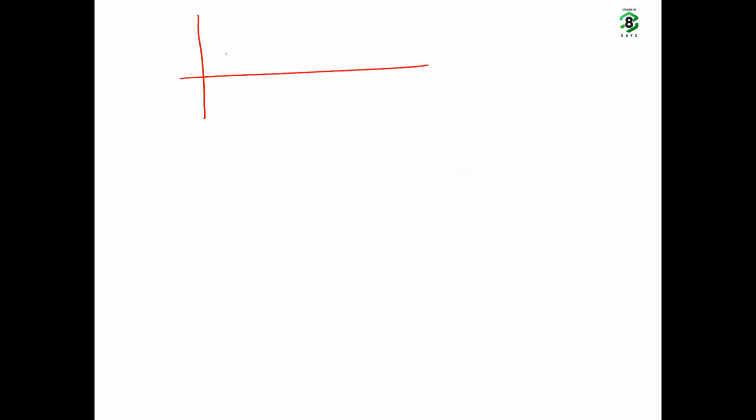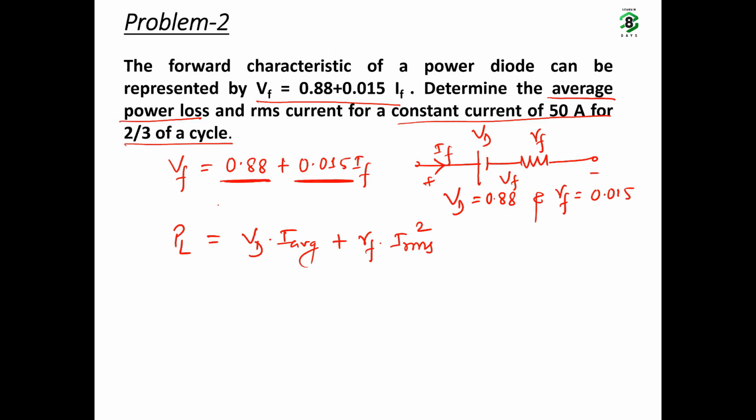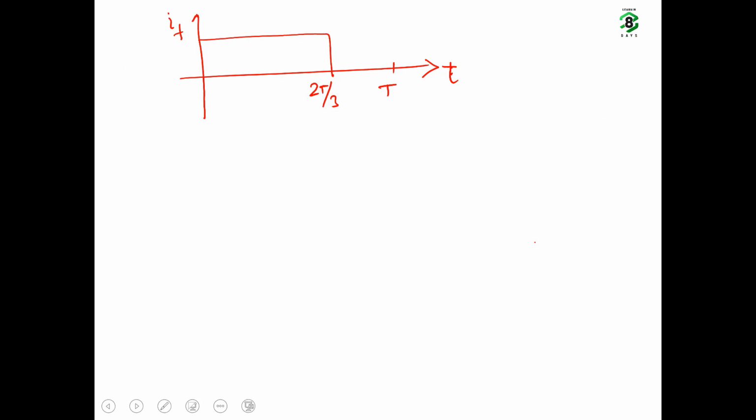Suppose I draw the waveform. This is the current waveform IF. This is time, this is 2/3 and this is T/3. How much ampere? 50 ampere. So this is the current waveform given, and it will repeat from here also.